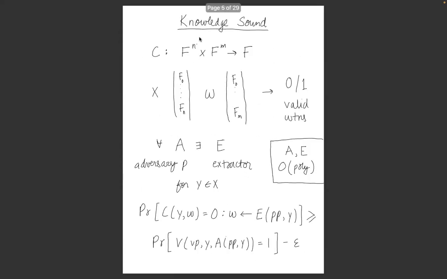The definition of knowledge soundness is that the probability that the extractor can extract a witness omega should always be greater than the probability of some malicious prover convincing the verifier that the proof is valid, minus some negligible epsilon or error.